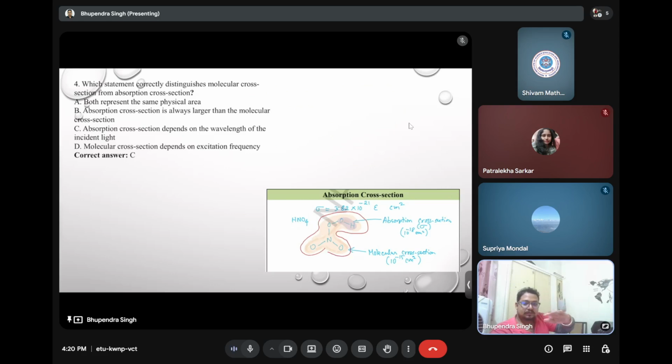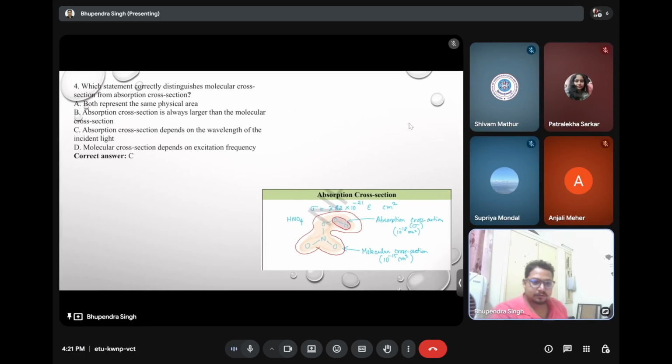You bisect the molecule, then whatever area is covered by the molecule is your molecular cross section, and only this part is absorbing, because you are giving the particular wavelength which the OH bond can absorb. That is why this is the absorption cross section. Of course, it will be smaller than the molecular cross section.